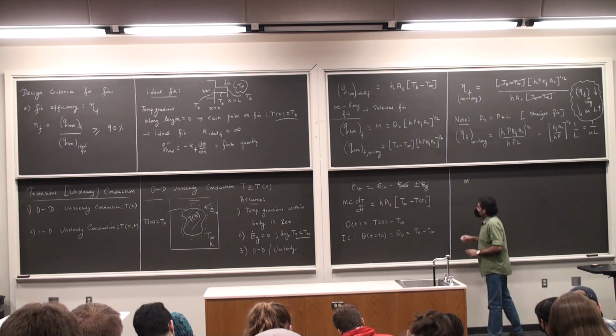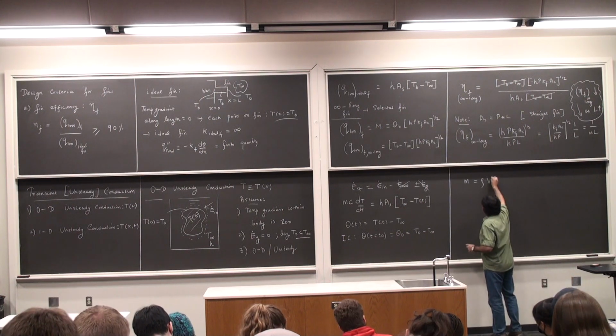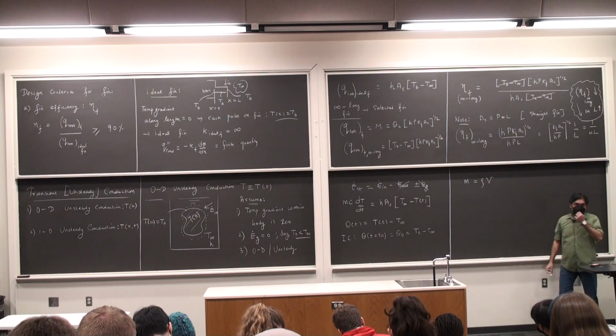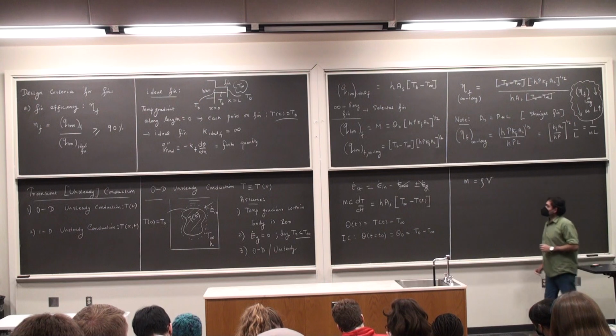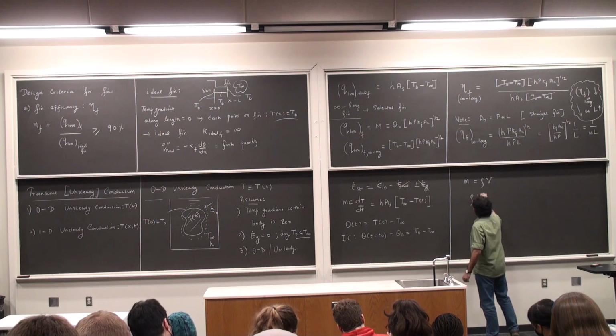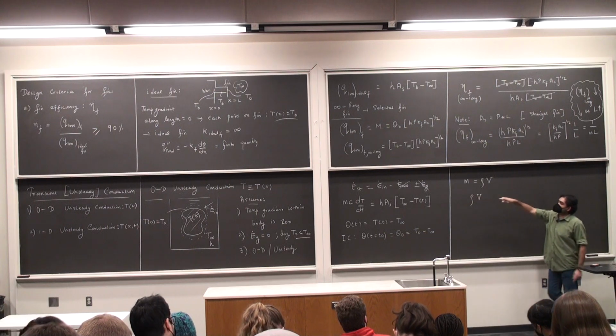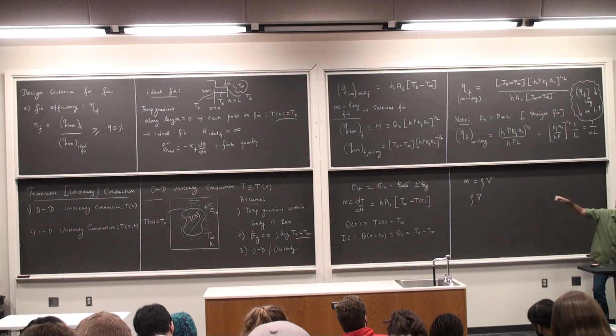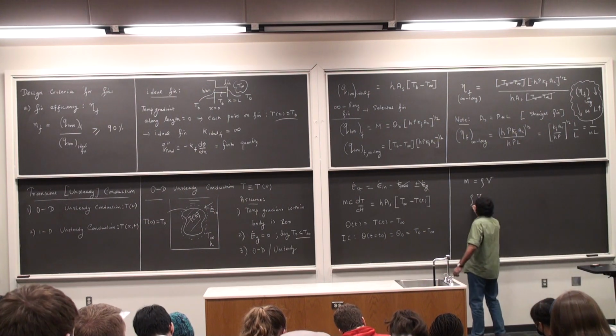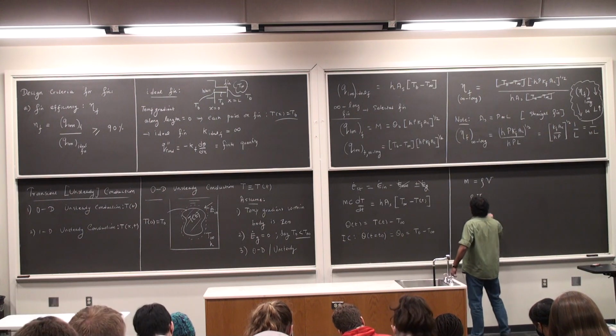m is rho times volume. Okay. So I'm going to do that substitution here. So I'm going to have rho times volume. And then I'm going to bring the h times A_s onto the left hand side. Divide through by the denominator.